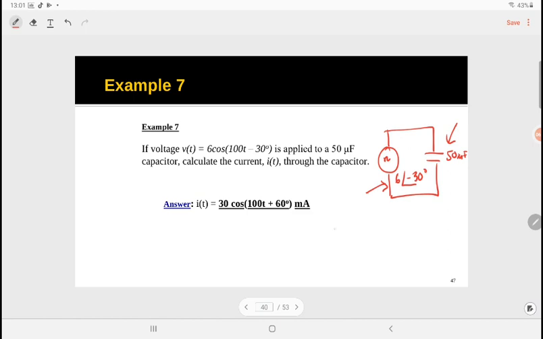So we can say that XC is equal to 1 divided by j omega C, which is equal to 1 over j. The omega value is given over here, which is 100, right? And then C is equal to 50 micro.